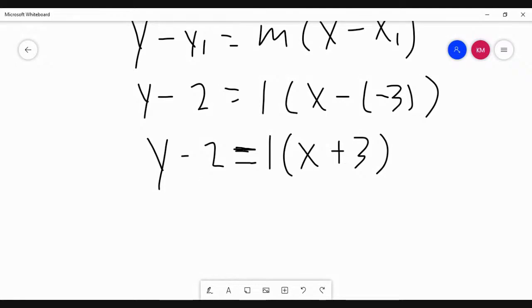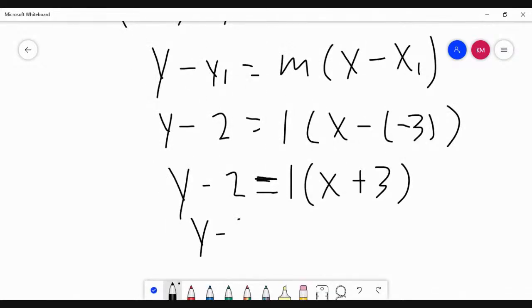Now, once I do that, bring down my y minus 2 again. That equals, of course, 1 times anything is itself, and that gives me x plus 3.